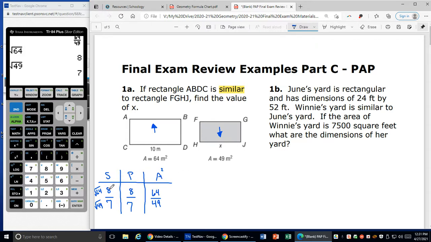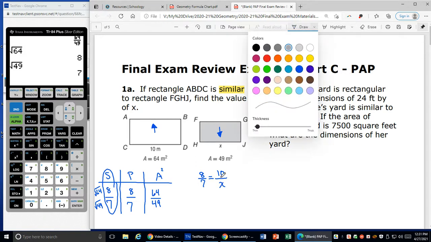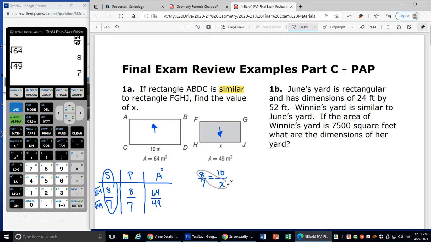If I am trying to find a side, I can either use S for side, or I can say the side is a part of the rectangle. Either one, because they're both 8 to 7. 8 to 7 is going to equal my up arrow 10, my down arrow X. And this just needs to be cross multiplied. 8 times X and 7 times 10.